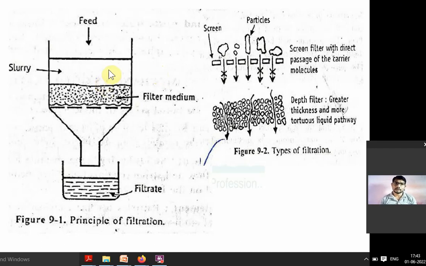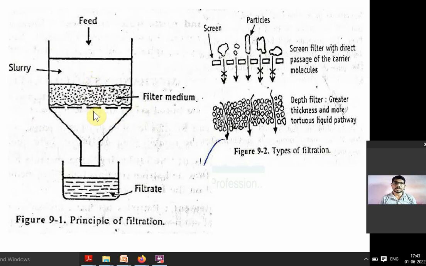Now filter medium: in the laboratory scale, you use a funnel and filter paper. The filter paper is nothing but your filter medium. Whatever slurry you are pouring in the funnel is the mixture to be separated or filtrated. That slurry has solid particles and liquid.